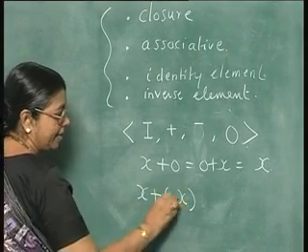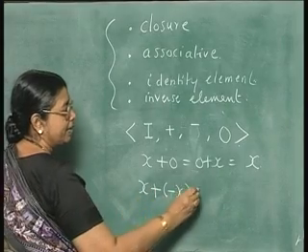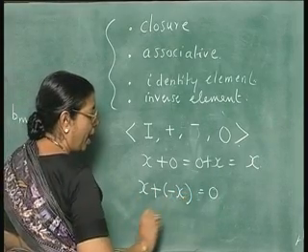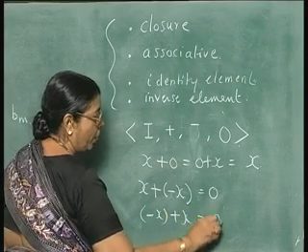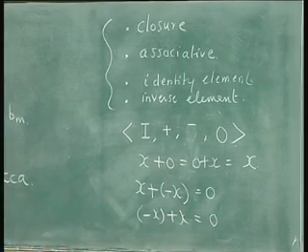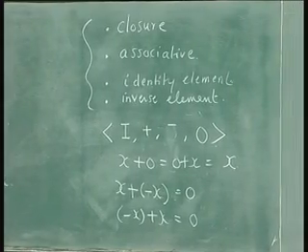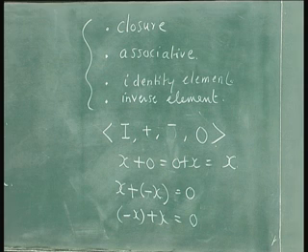If you take minus x, the negative of that number, then x plus minus x is equal to 0, and minus x plus x is equal to 0. So, every element x has an inverse minus x. For 0, 0 is its own inverse. Anyway, the identity element is its own inverse.